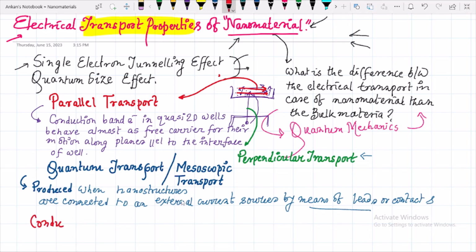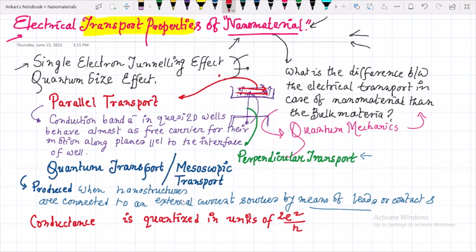Conductance, which is the reciprocal of resistivity, is quantized in units of e squared upon h, or 2e squared by h.